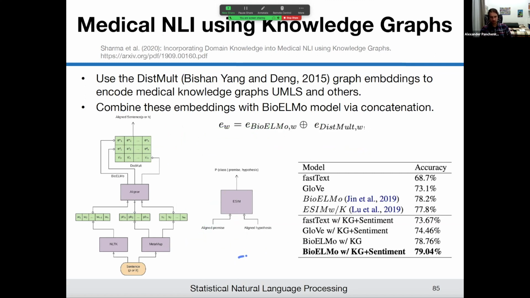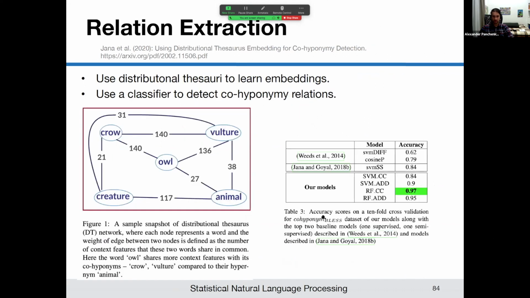What they show is that if you include this embedding from this knowledge graph, the performance goes up, and if you just use fastText and GloVe, then accuracy is less. So adding additional structural information is useful to solve this task. Okay, so I think this is the last slide.